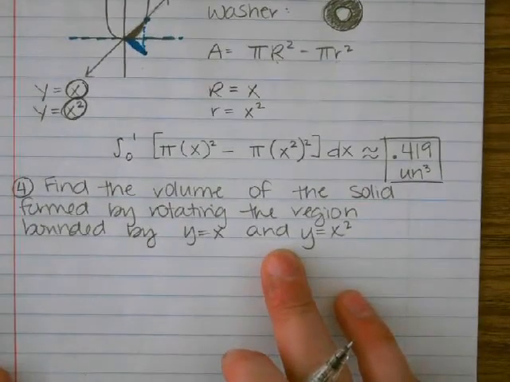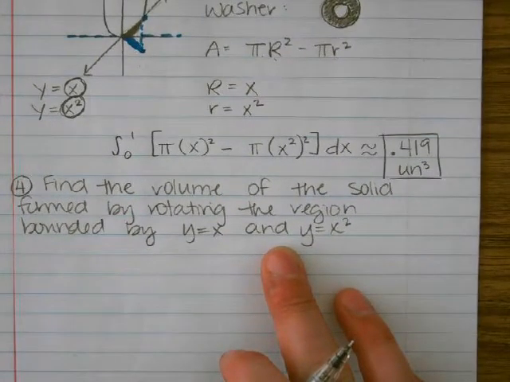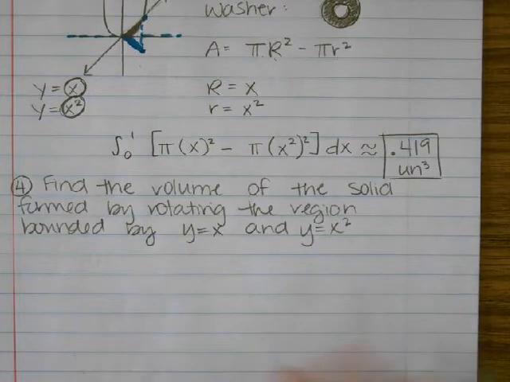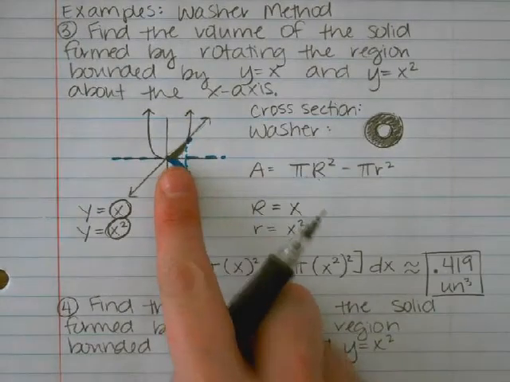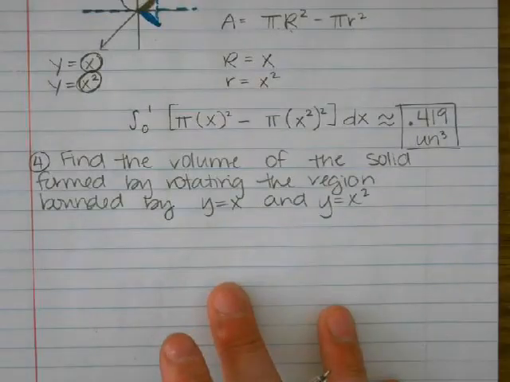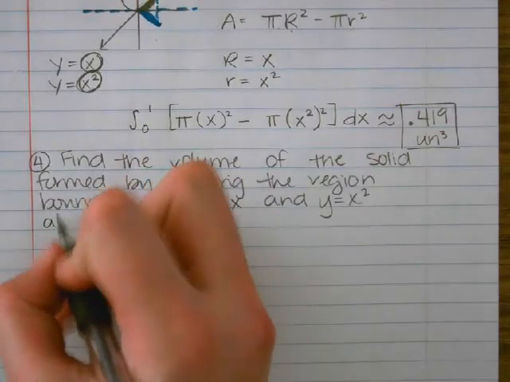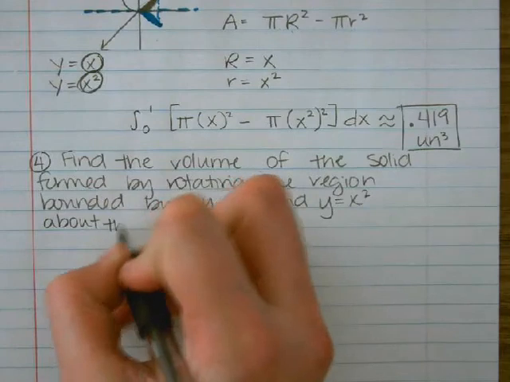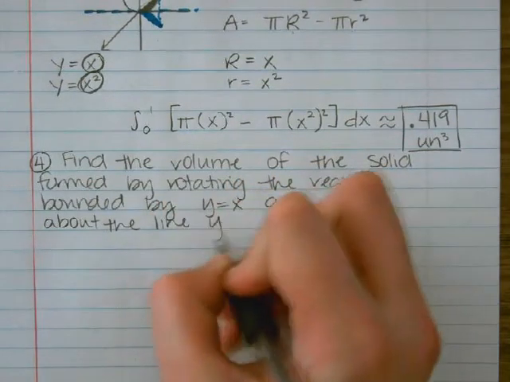So we're actually doing a similar problem to what we just did. We're going to rotate the region bounded by y equals x and y equals x squared. So it's going to be that same little piece that we had before. But this time we're going to rotate it about the line y equals 2.